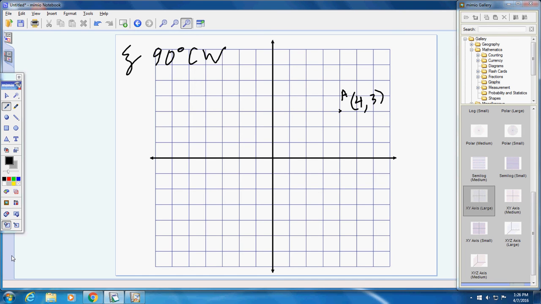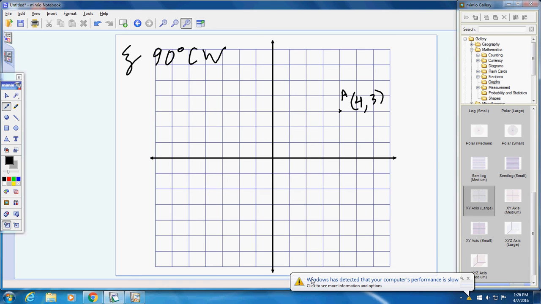So what I want you to do, just for fun, take your paper, once you've plotted that point, and turn it 90 degrees clockwise. If you've got it 90 degrees clockwise, you'll see that your point should be down here somewhere.